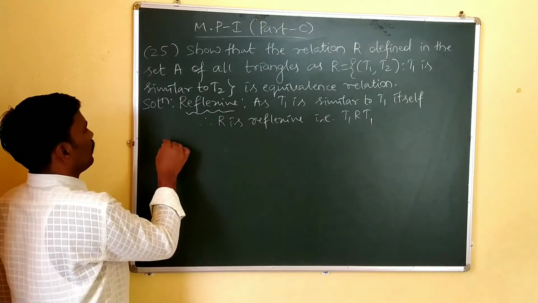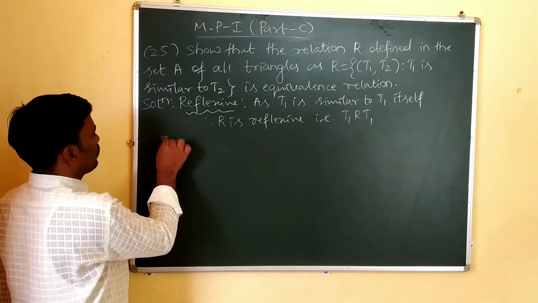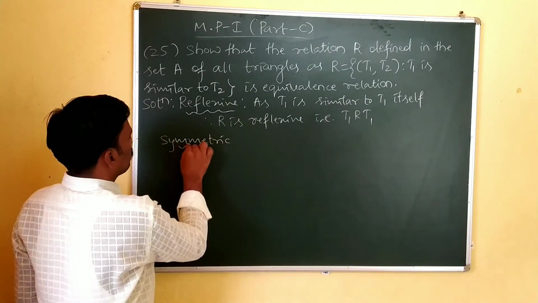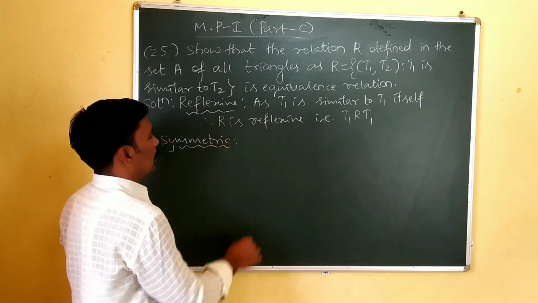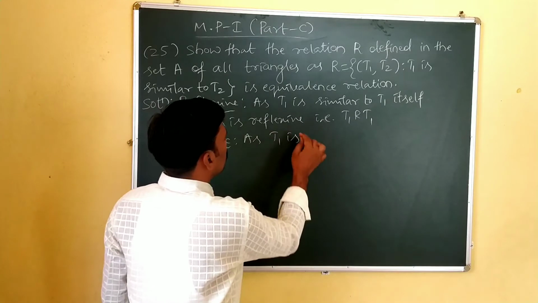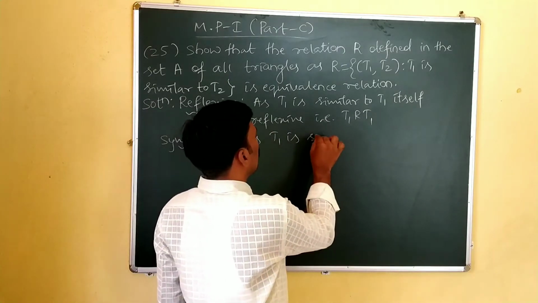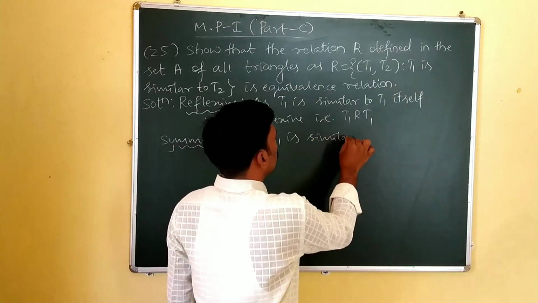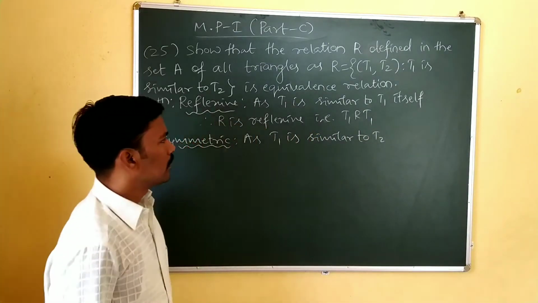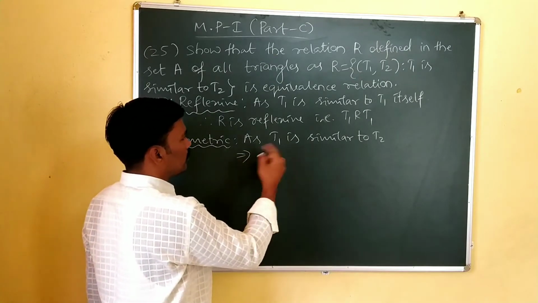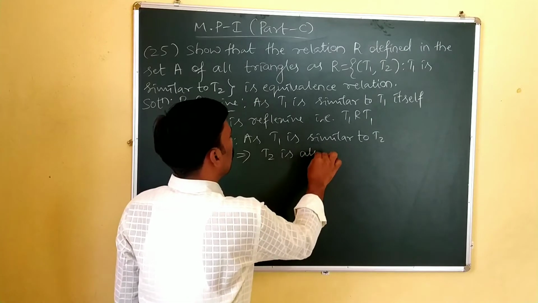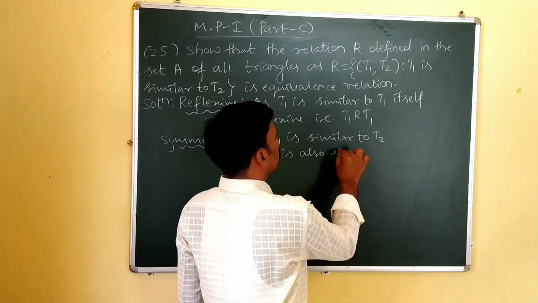And the second one, symmetric. As T1 is similar to T2, which implies that T2 is also similar to T1.